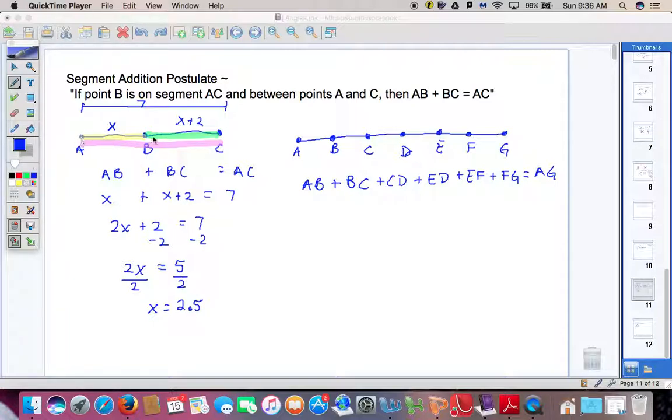Okay, so the distance between A to B is 2.5 or 2 5/10, and the distance between B to C would be x plus 2 or 2.5 plus 2, which is a total distance of 4.5 or 4 5/10. And then if we added 2.5 and 4.5 together, we get 7. So we could verify that 2 5/10 plus 4 5/10 actually equals 7. And when you do that, you can see that you are completely correct.